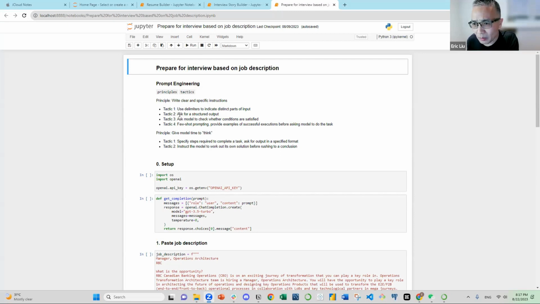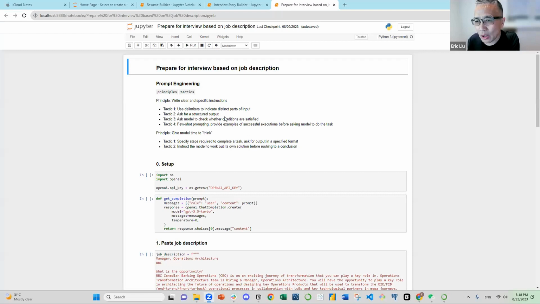Under this principle, you can use a delimiter to clearly indicate which part of your input is actually the question. We use a backtick to indicate the part that I want AI to improve.